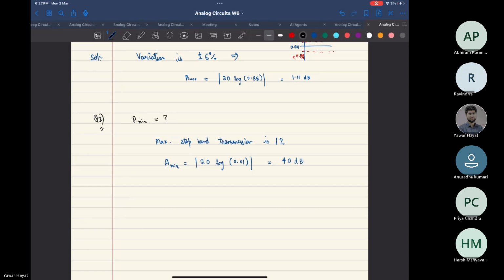Butterworth filter? What is Butterworth filter? In your Butterworth filter, your frequency response is flat in the pass band, and then it rolls off towards zero. There are no ripples either in the pass band or stop band. There are no ripples in both.